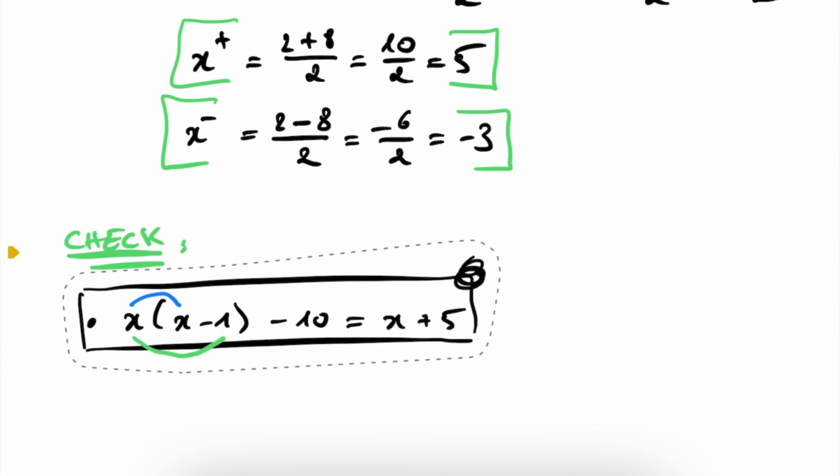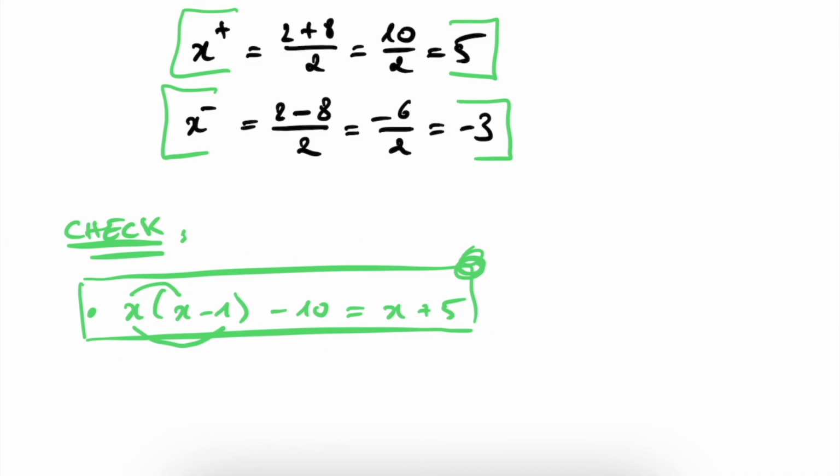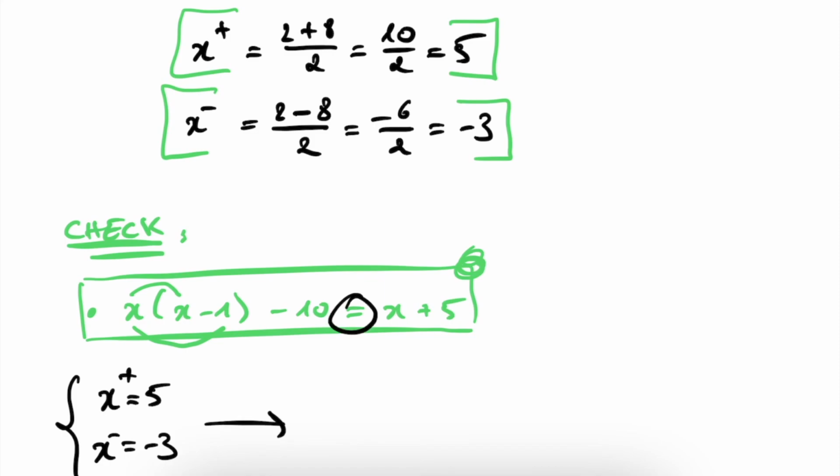And then we can just fill these in. Well, you can do this by just filling in, for one thing, x plus is equal to 5. And we can fill in x minus is equal to minus 3. And then you will see that this equality sign indeed is true.